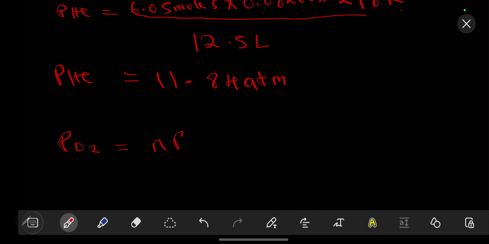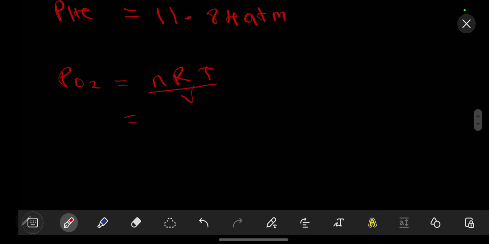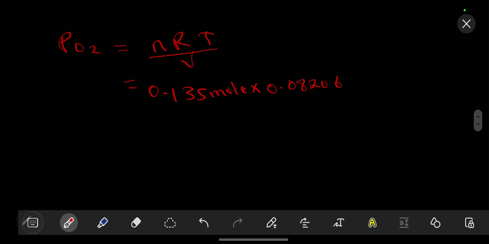Looking at the partial pressure of oxygen, we are going to use the same approach. It should be equal to nRT over the volume. Our number of moles of oxygen was found to be 0.135 moles, then times our gas constant 0.08206, then times our temperature, which is 298 kelvins.